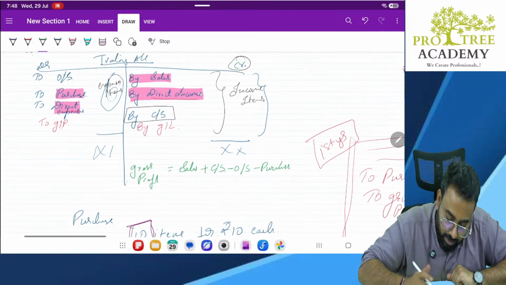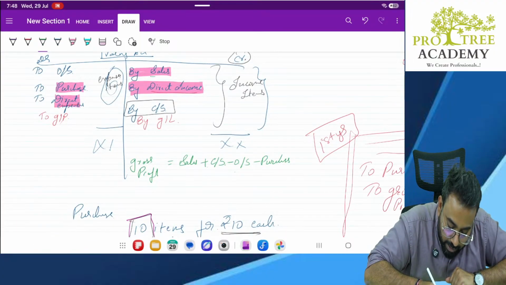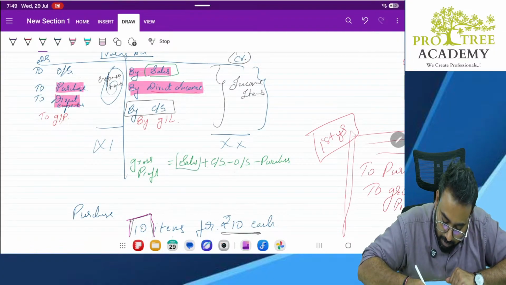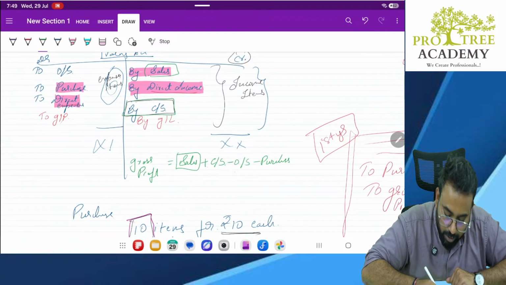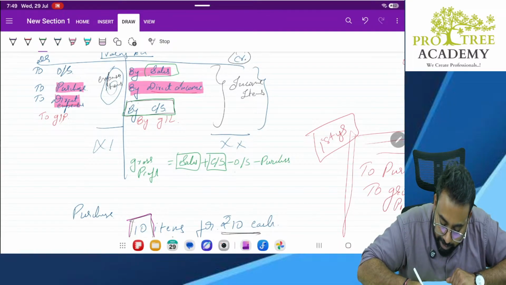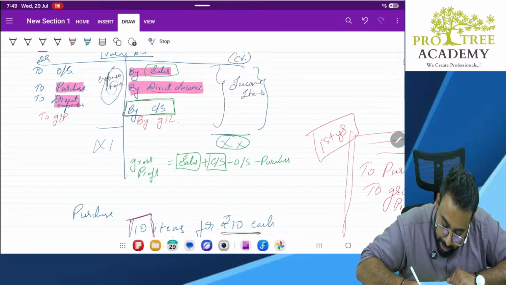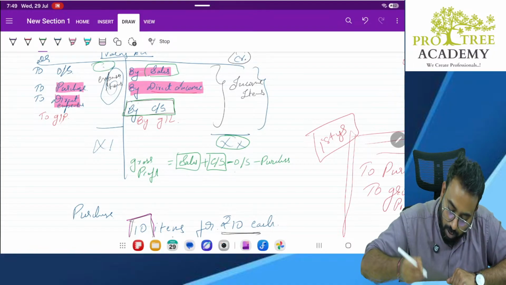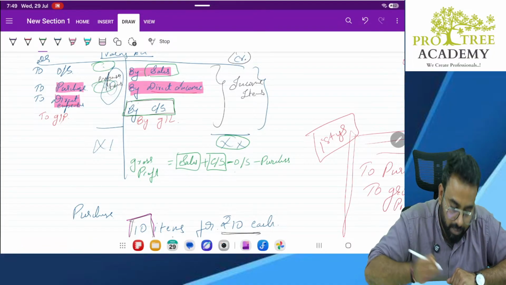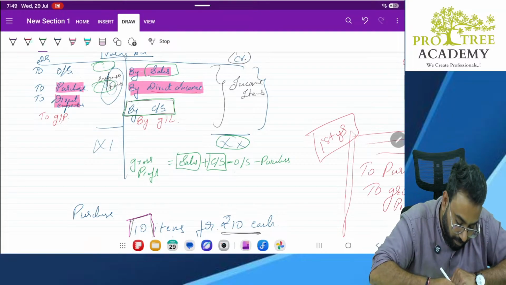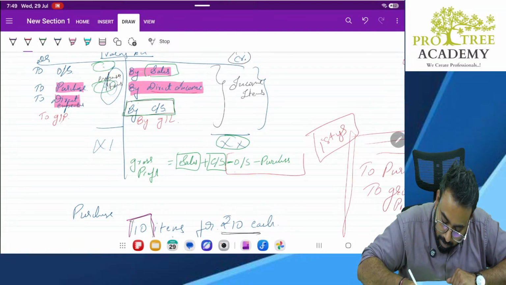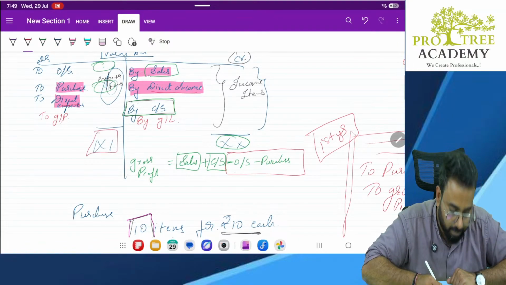Am I right? See, what I am trying to do is sales plus closing stock will give me this total. Correct? Yes, sir. Minus opening stock minus purchases. In other words, this will give me this figure.